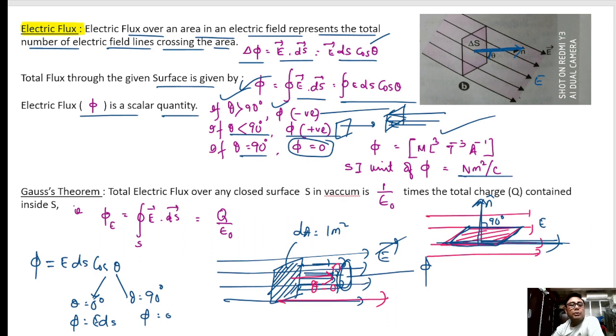Next, a very important point is Gauss's theorem. So let's see what is Gauss's theorem.